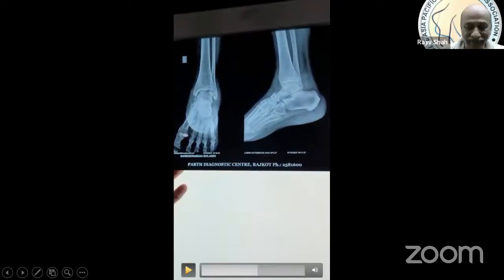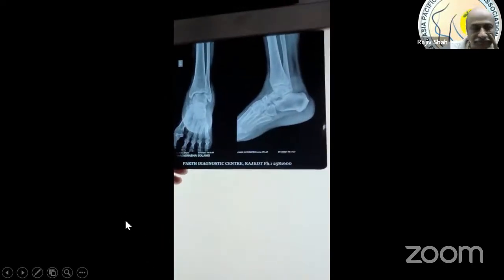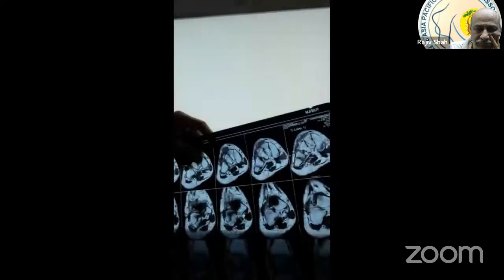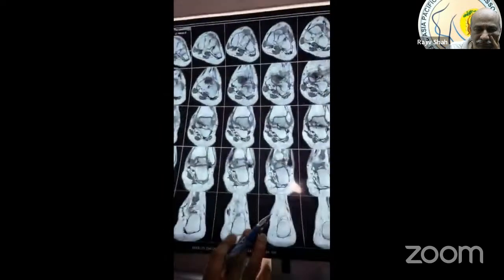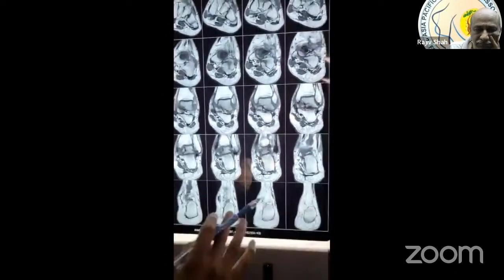I think we have all enlightened people here. But look, the orthopedic surgeon got an MRI at this juncture. I would have definitely got a CT scan.